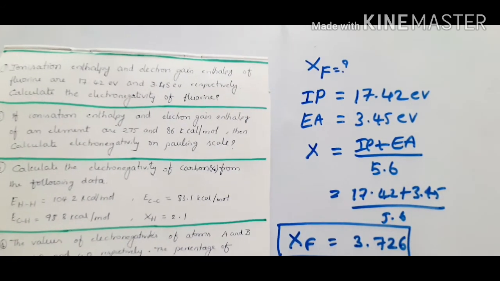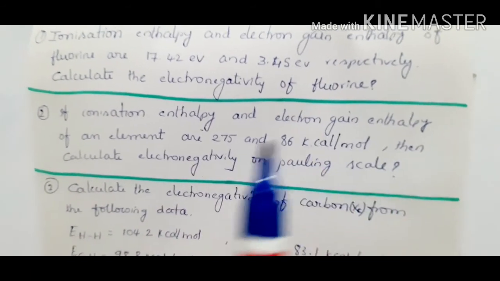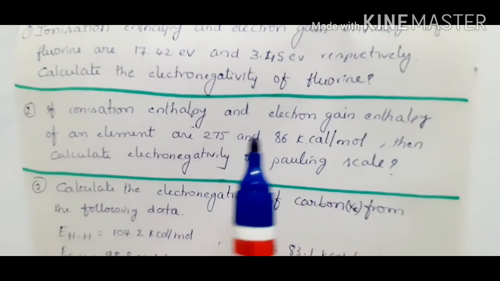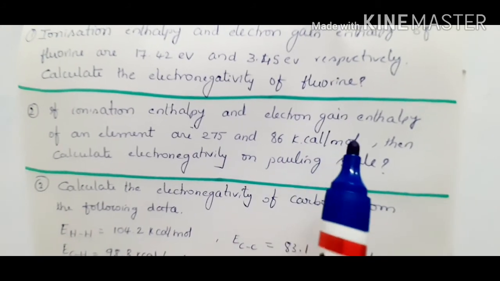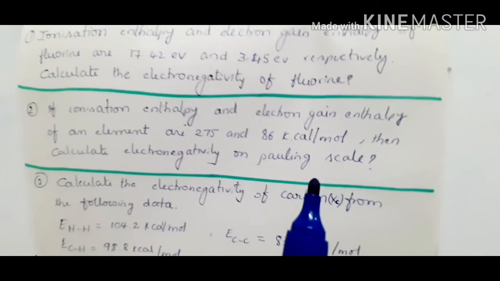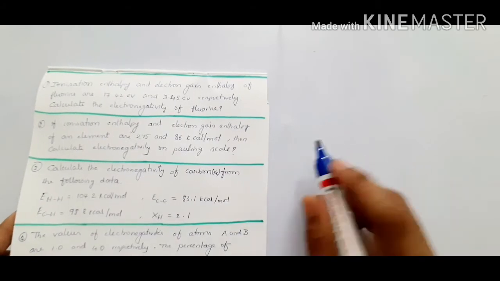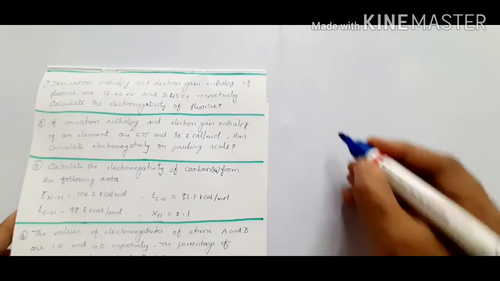Move to the next example. The second example is: if the ionization enthalpy and electron gain enthalpy of an element are 275 and 86 kilocalories per mole, then calculate the electronegativity on the Pauling scale. We discussed this in the introduction. What is the electronegativity formula when energy is given in kilocalories?